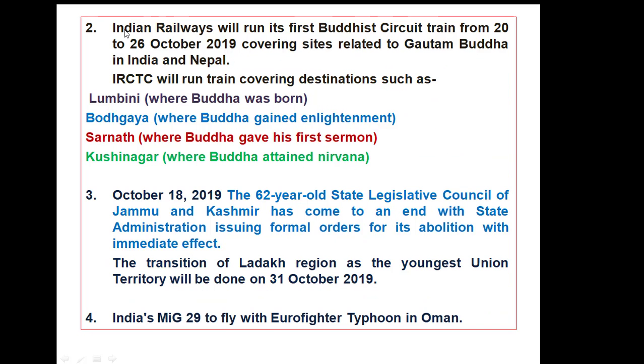Next current affair. Indian Railways will run its first Buddhist circuit train from 20 to 26 October 2019, covering sites related to Gautam Buddha in India and Nepal. IRCTC will run the train covering destinations like Lumbini, Bodh Gaya, Sarnath, and Kushinagar.